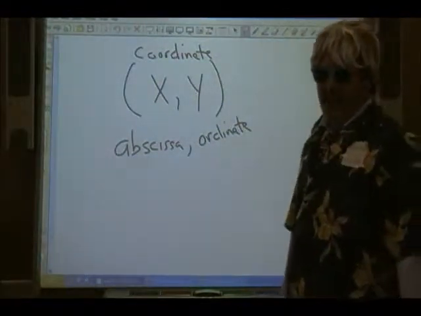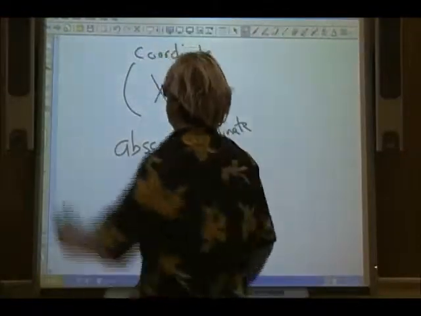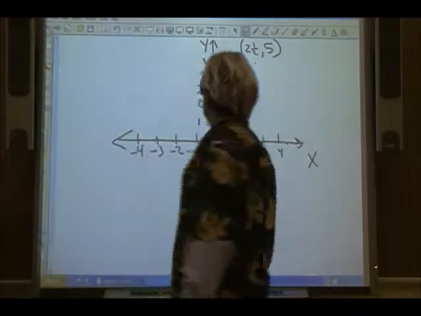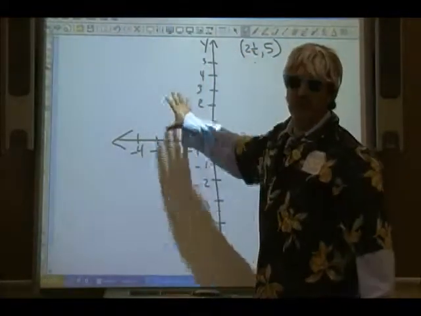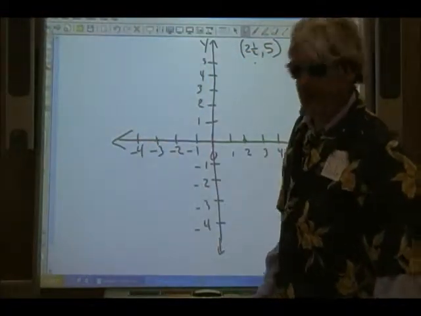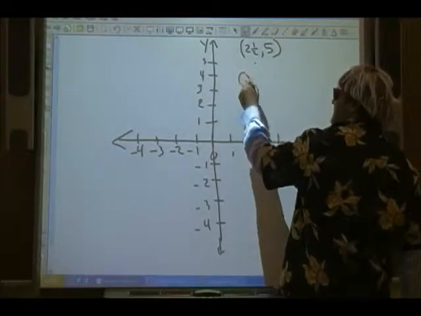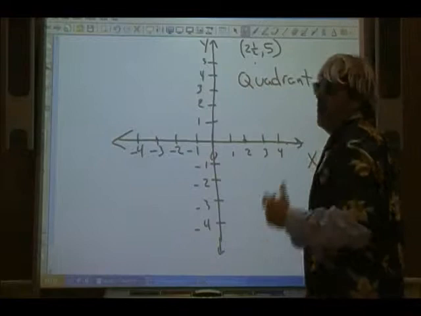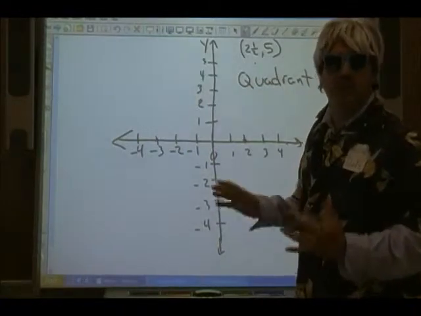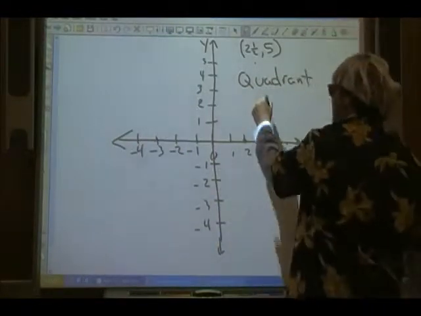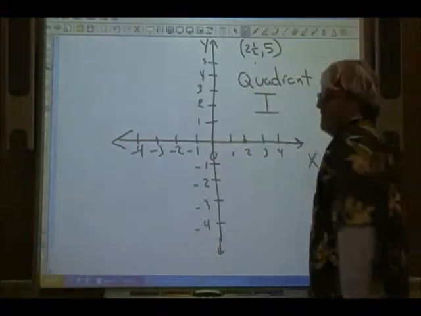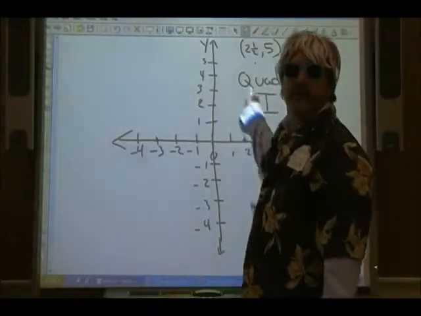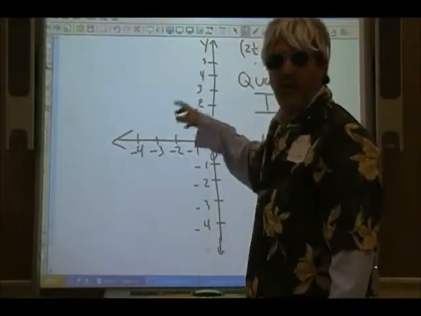That is that. And the other thing I wanted to show you is, there are 4 sections. They're called quadrants. So this is quadrant 1. And they use a Roman numeral. Do not use Arabic numerals. You have to use a Roman numeral. And the quadrants are going counterclockwise.